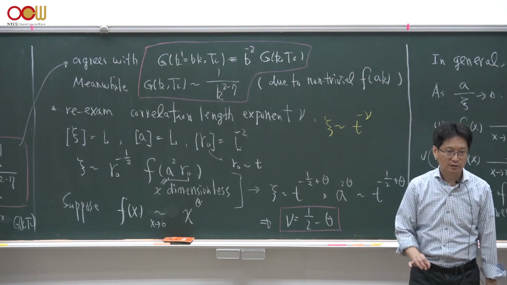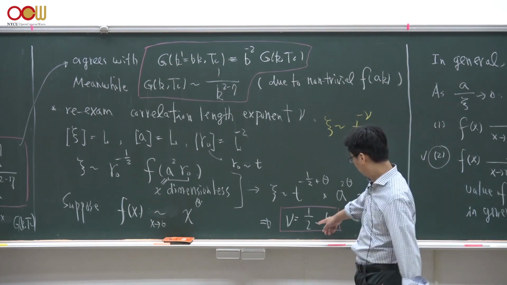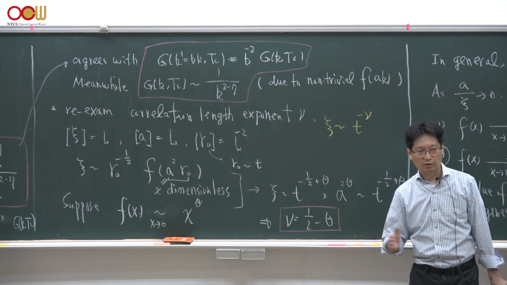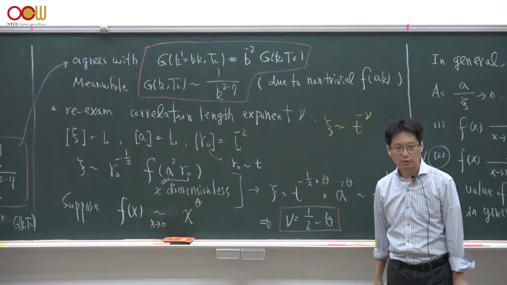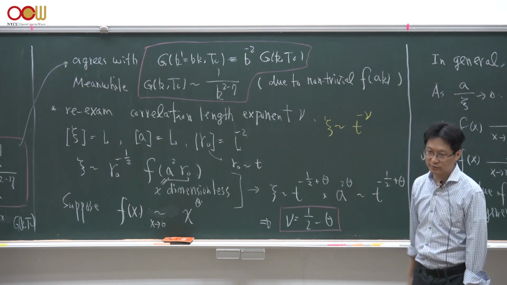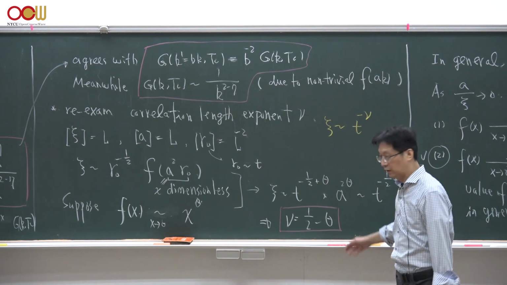So theta is a small number, smaller than 1/2, which makes nu shifted slightly away from 1/2. And that is precisely what the observation tells us.